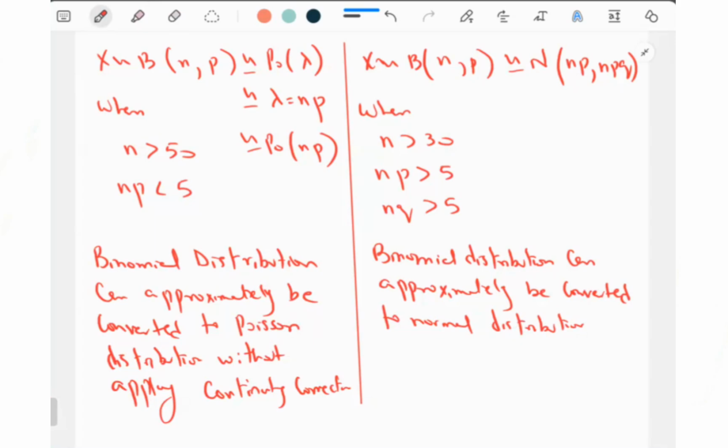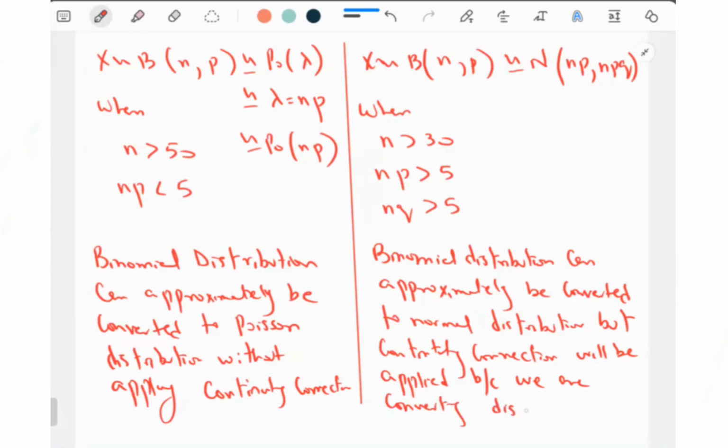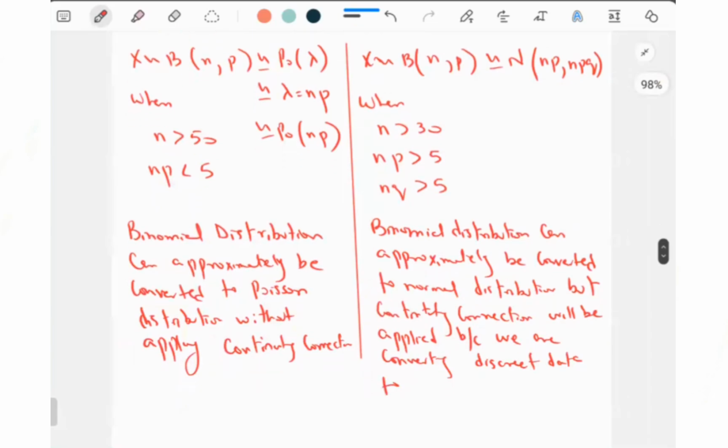Binomial distribution can approximately be converted to Poisson distribution without applying continuity correction, and binomial distribution can approximately be converted to normal distribution, but continuity correction will be applied because we are converting discrete data to continuous data.